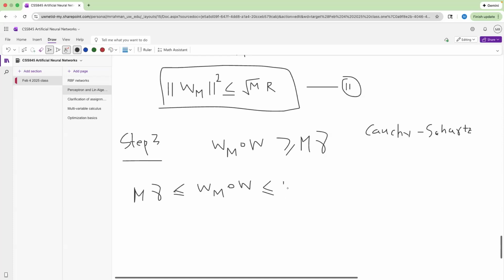Right, so this is going to be the norm of the Wm vector times the norm of the W vector.